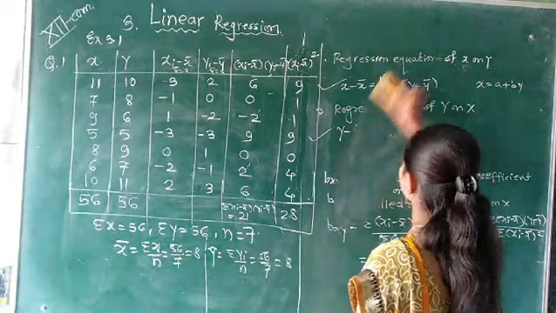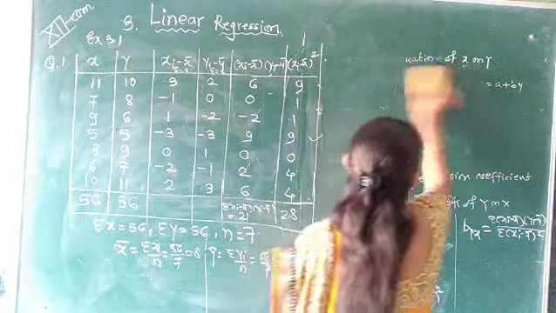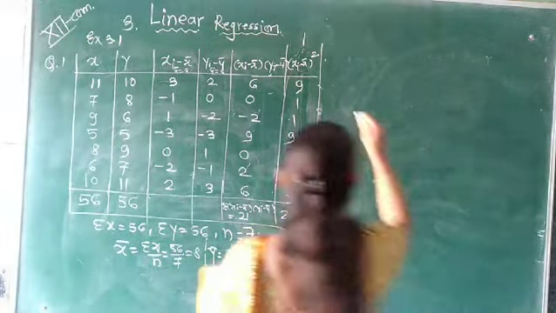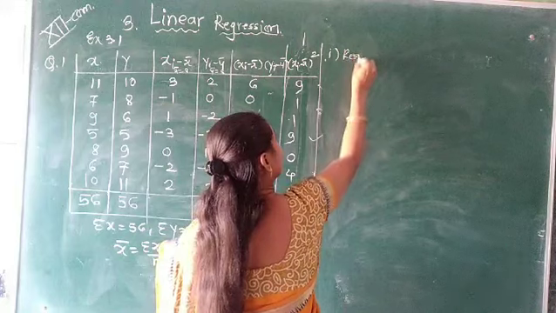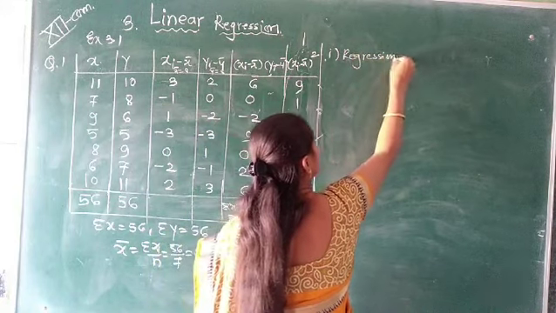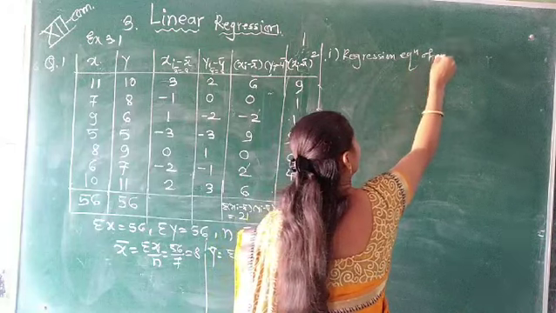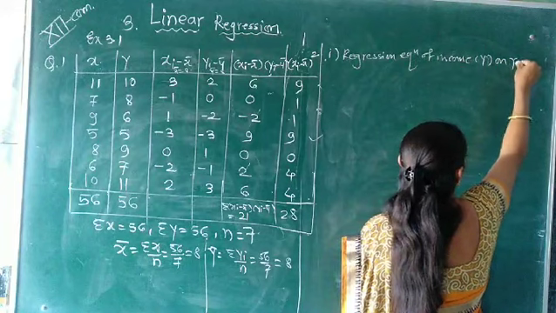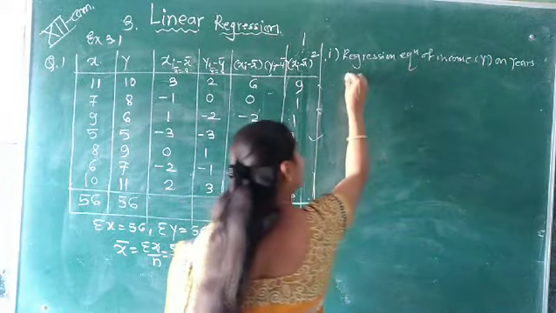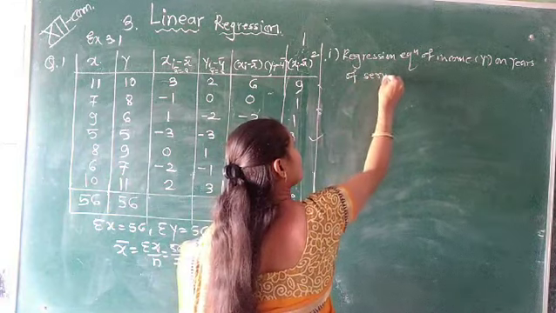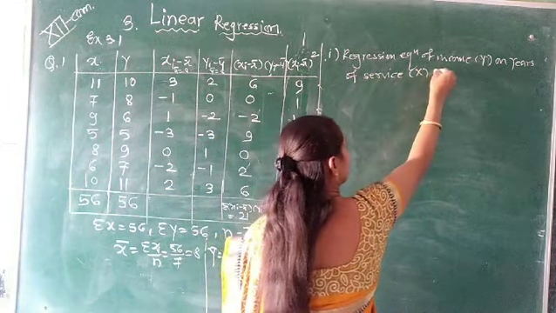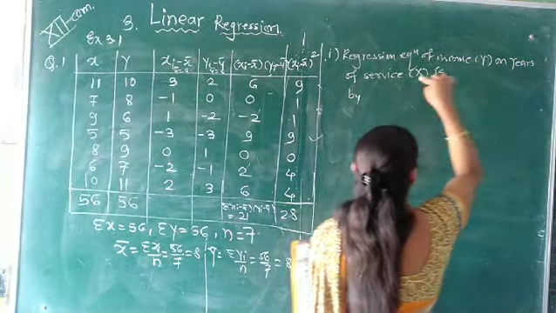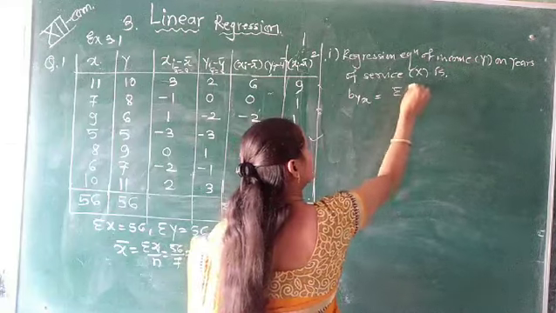So write the regression equation of income, that is y, on years of service, that is x, is given by: the regression coefficient of income on x, that is byx, is equal to, what is the formula?